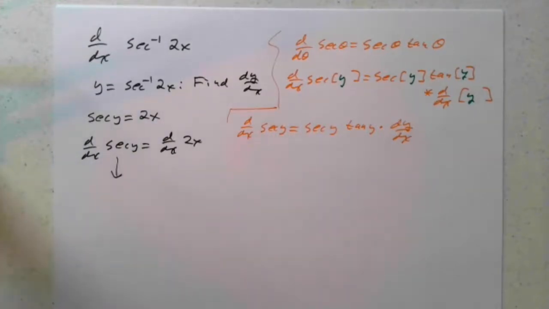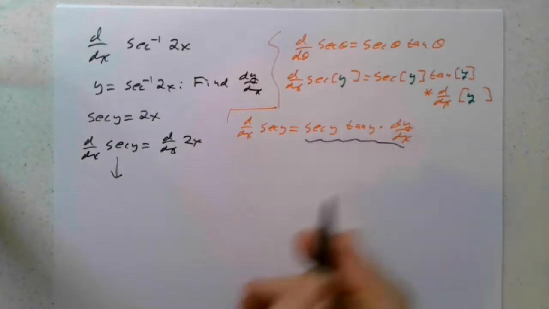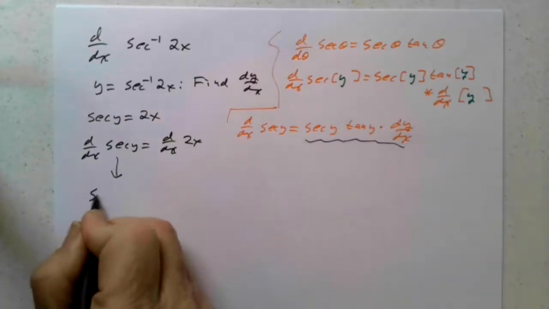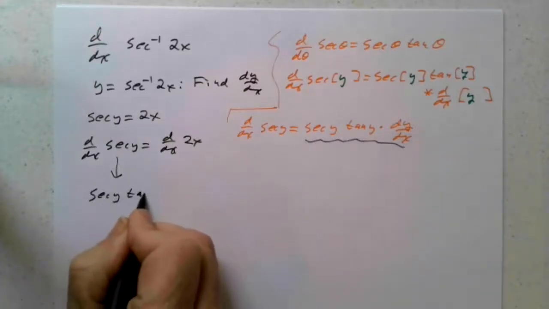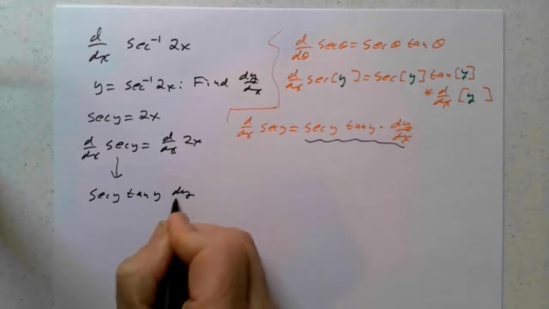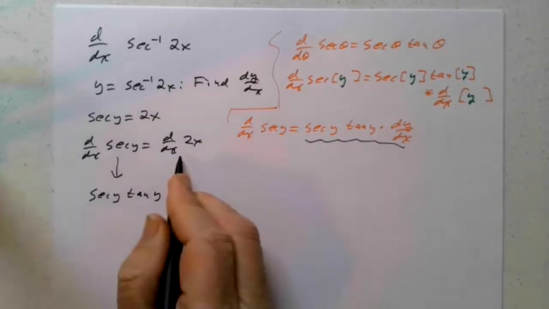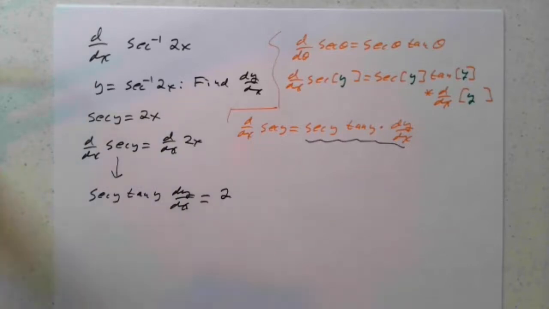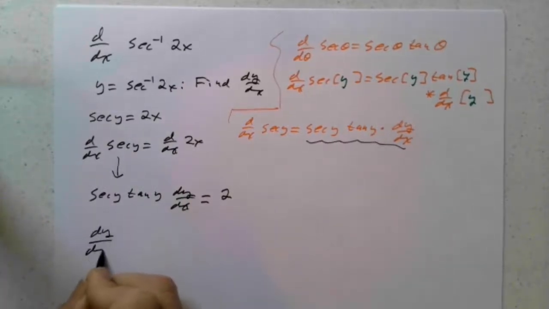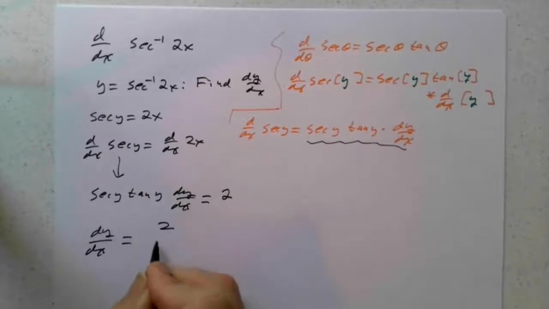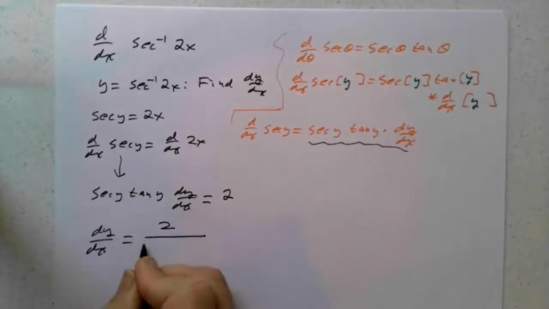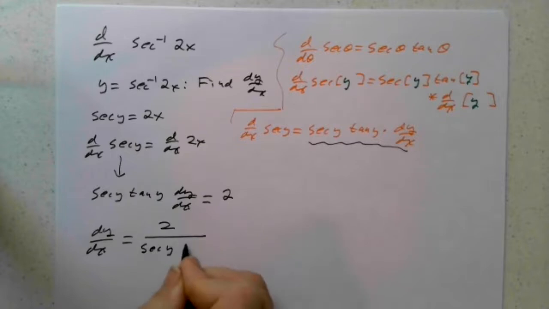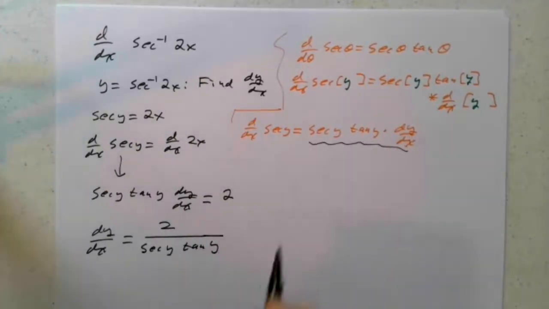The derivative with respect to x of sec y is sec y tan y dy/dx, equals the derivative with respect to x of 2x, which of course is just 2. And then how do I finish this? I finish this by saying dy/dx is 2 over sec y tan y. But I guess I'm not really finished, am I? Because I need to get my final answer in terms of x, not in terms of y.